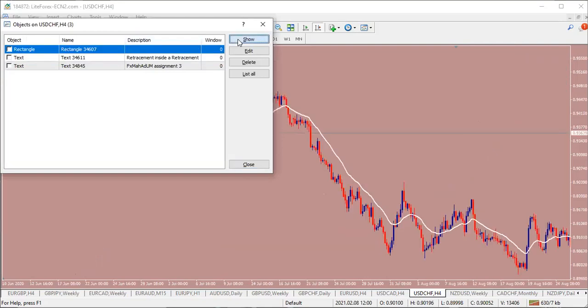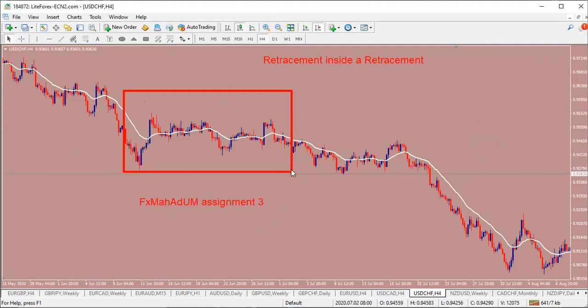Now the last one, USDCHF. This one looks complicated, right? Yes. I gave you this one because there's an inner ABC formation for every wave that comes.